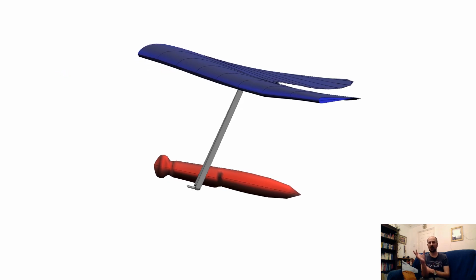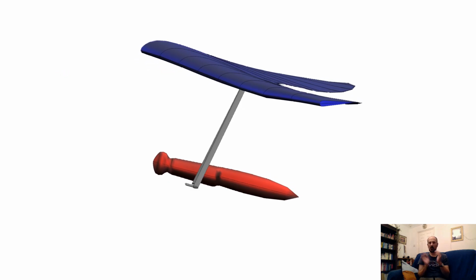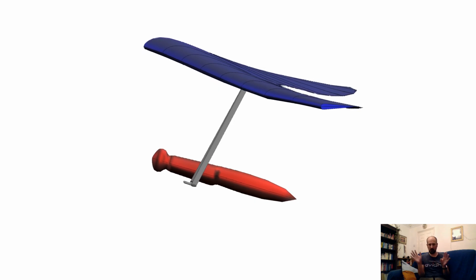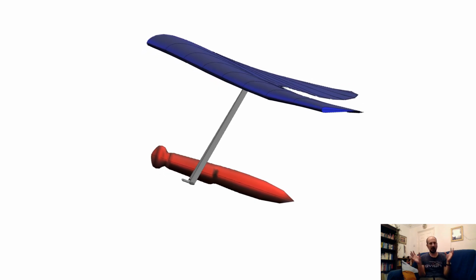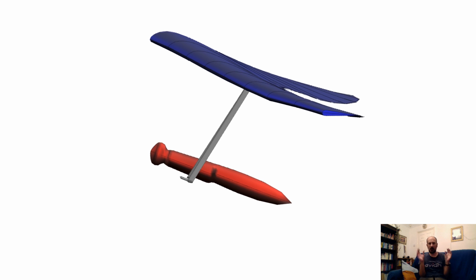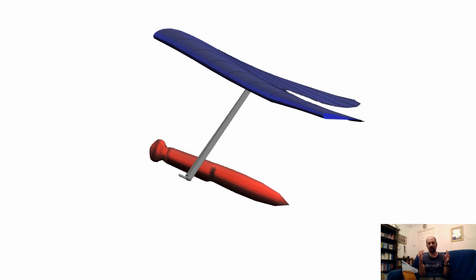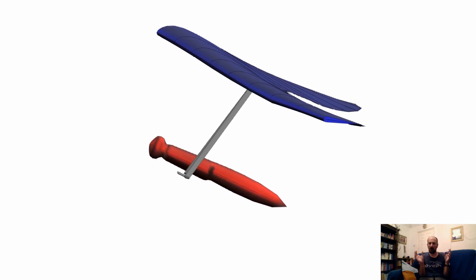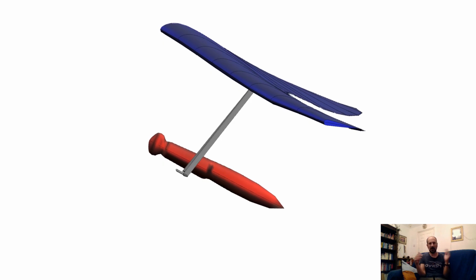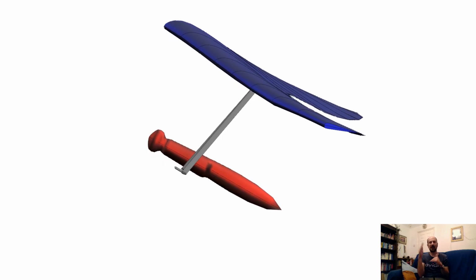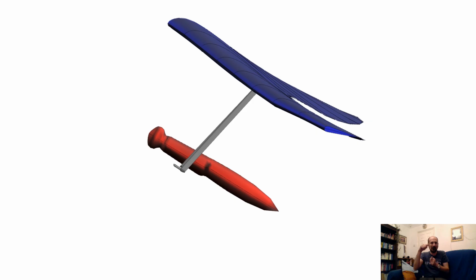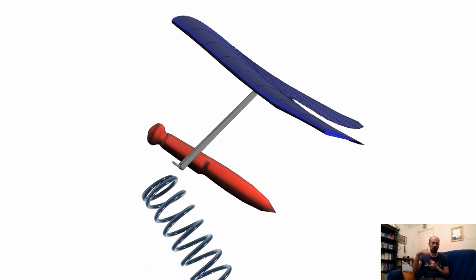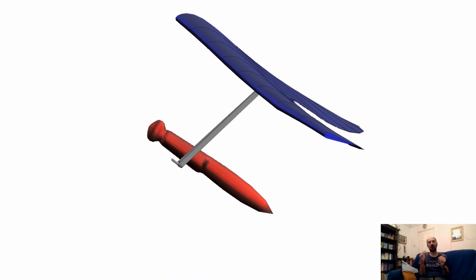In that situation none of those mechanisms that we talked about previously are directly effective. The twist, the reflex, they're not going to do very much because there's no airflow over the wing. So in that analogy with the springs, you don't have any strength in those springs to pull the nose up or down to correct it.